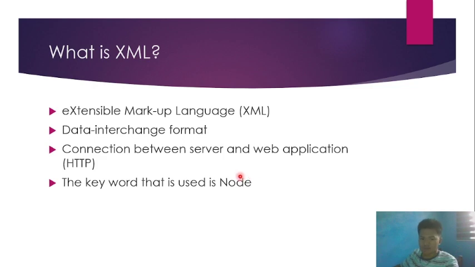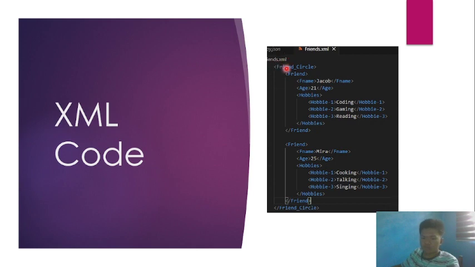So we have two nodes, a parent node and a child node. The parent node is the friend circle, and the child nodes are whatever nodes are within the parent node. So the friend circle is the parent node, and the friend tag is the child node.